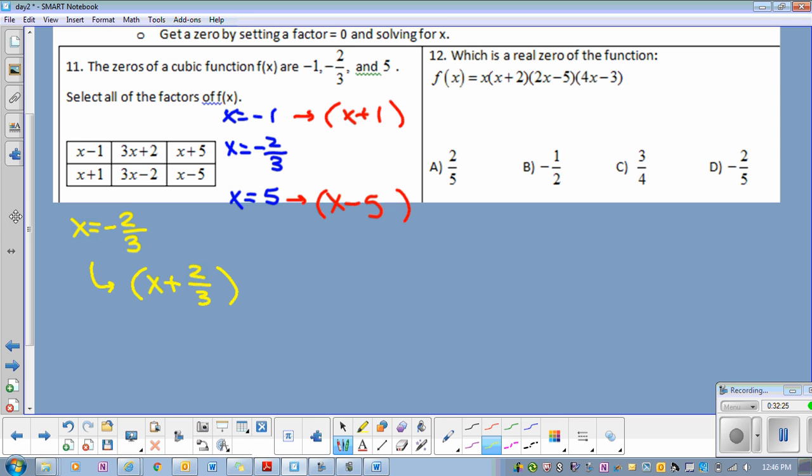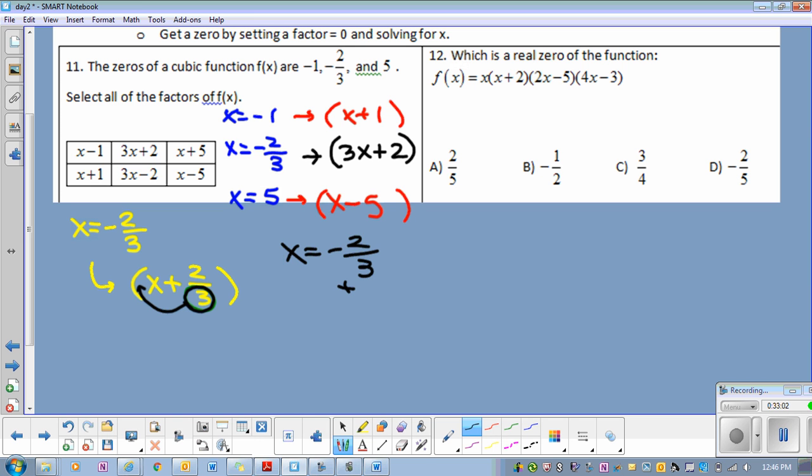But you can't leave it as 2/3, so you want to take this 3 and move it into the front. Then this becomes 3x plus 2. Still the opposite sign, but you take whatever's in the denominator and move it and it becomes a coefficient. Does that make sense?